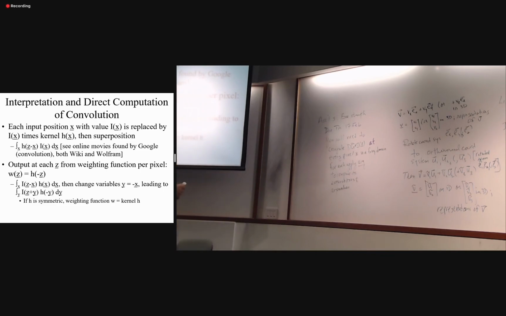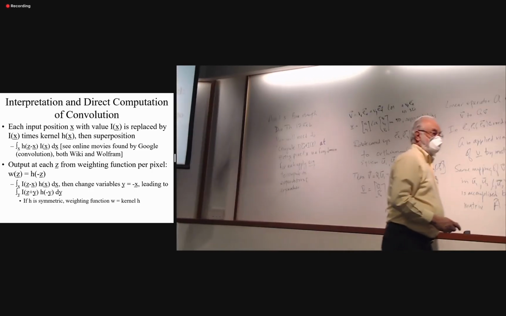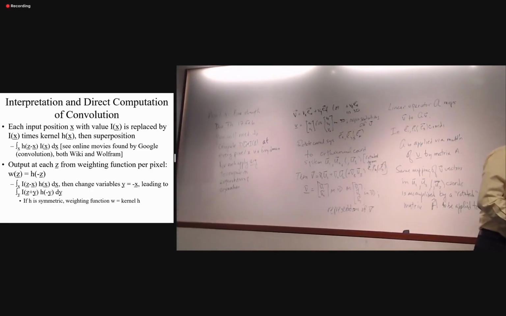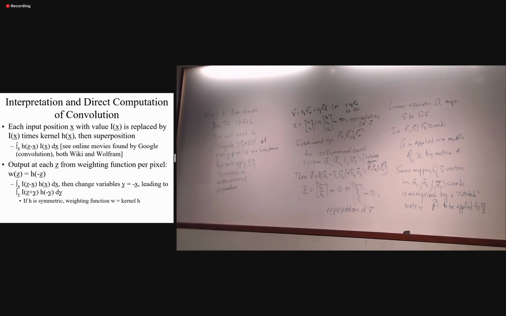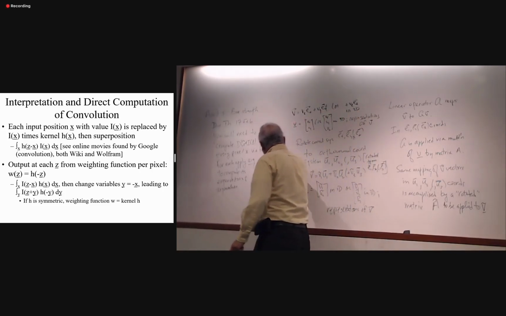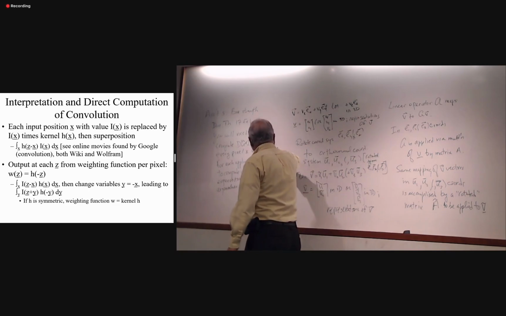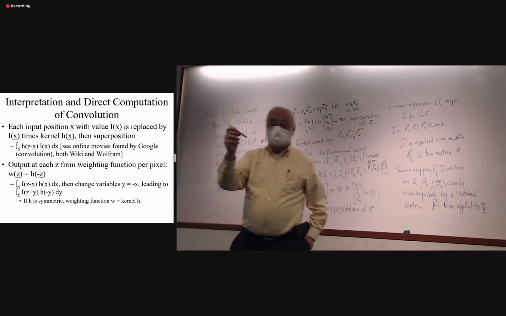But let's start with understanding what a vector is. A vector is a direction in space. In 2D, that's one vector, that's another vector. A vector has length and it has direction.